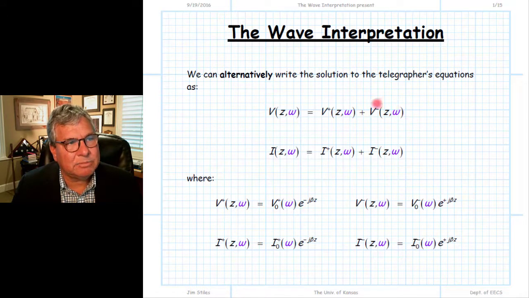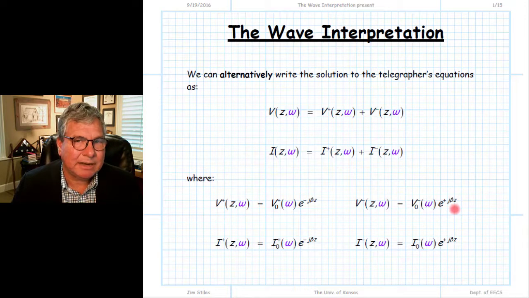The second term, V minus, is a variable name for V0 minus times e to the plus j beta z, the second solution to our telegrapher equations.